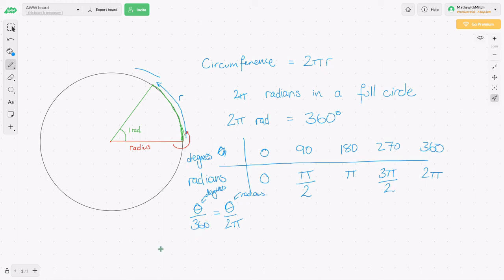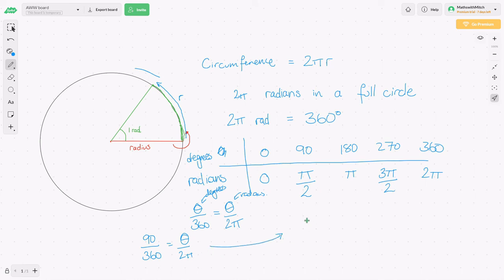So you can always find what it would be in radians. So as an example, we'll just use one of these numbers and that should work it out. So if we had the input and we knew it was 90 degrees, we could say 90 over 360 equals the angle in radians over 2 pi.